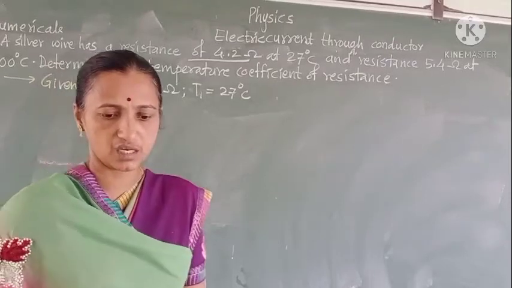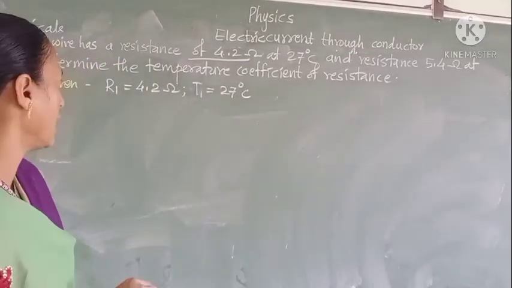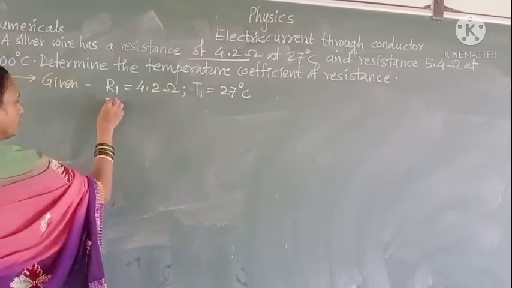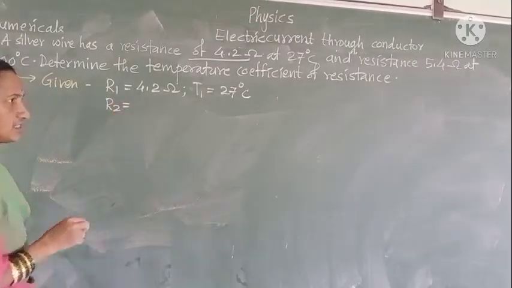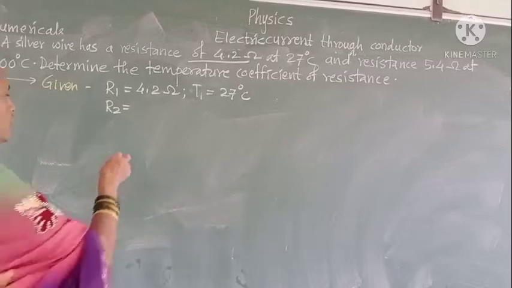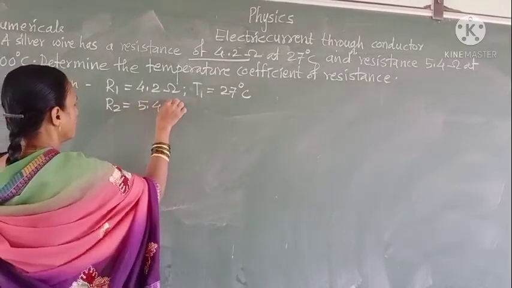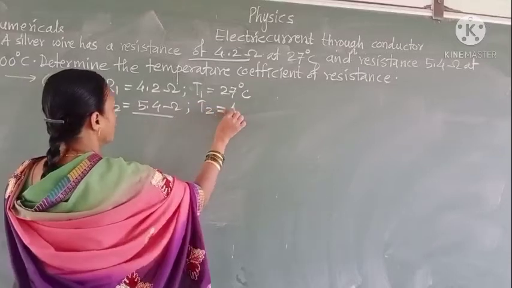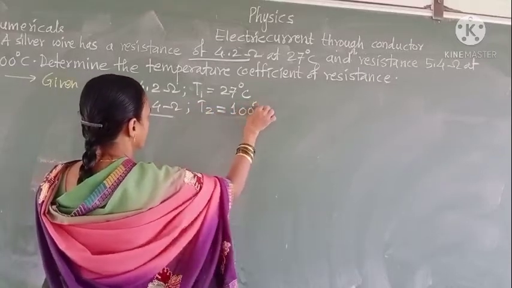And the final resistance, that is R2, which is equal to 5.4 ohm, and this value temperature T2, which is equal to 100 degree centigrade.